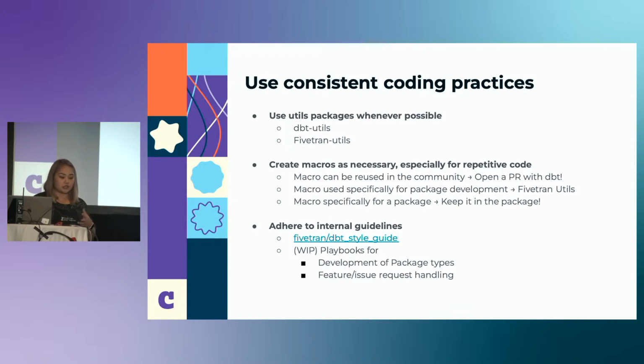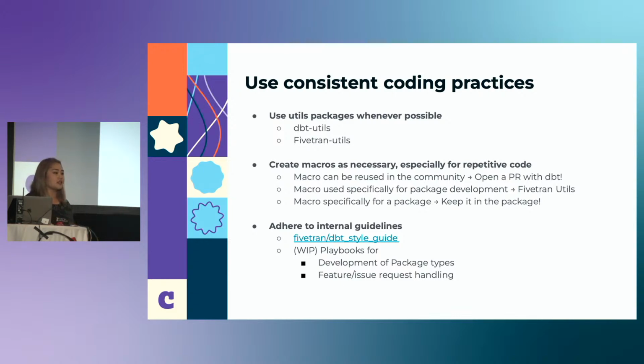So there are a couple scenarios that we go through as a team every time we're thinking of incorporating some kind of macro. So the first kind of macro that we incorporate is a macro that we think can be reused by the community. In this case, we try to open a PR with dbt whenever we can.